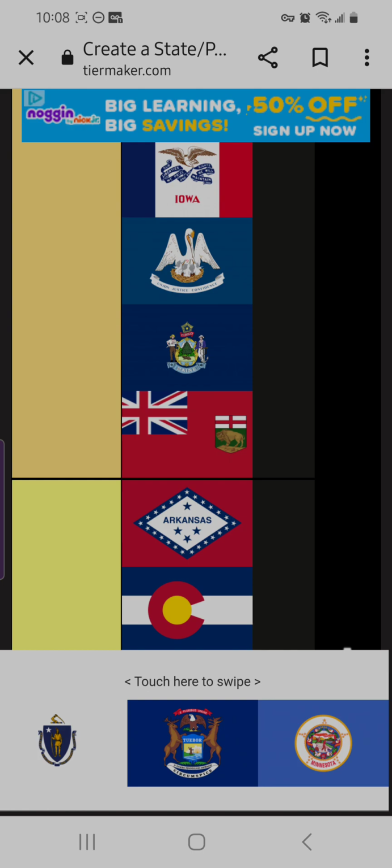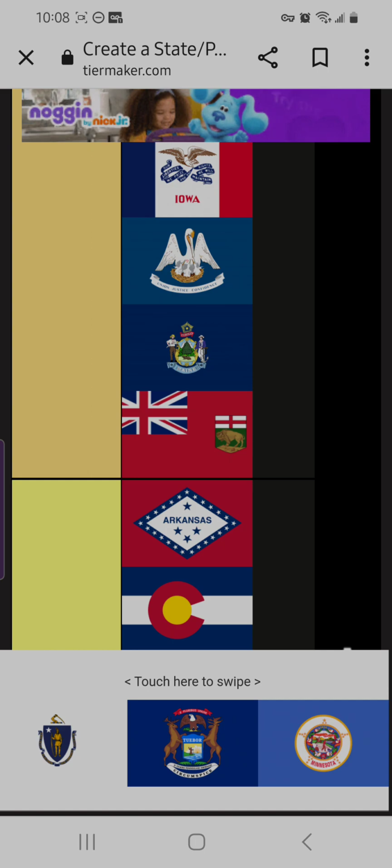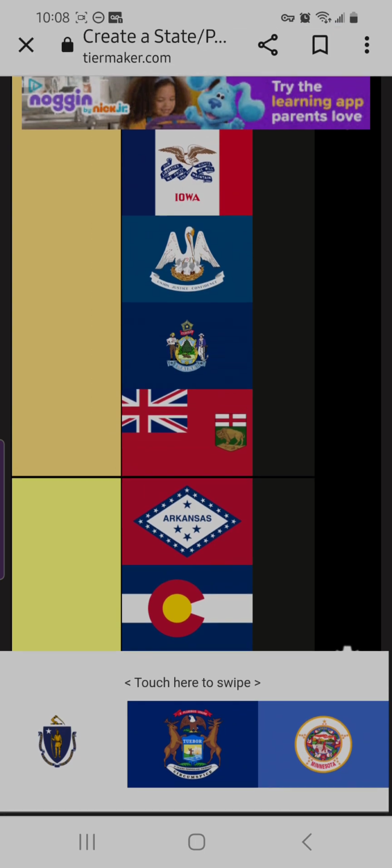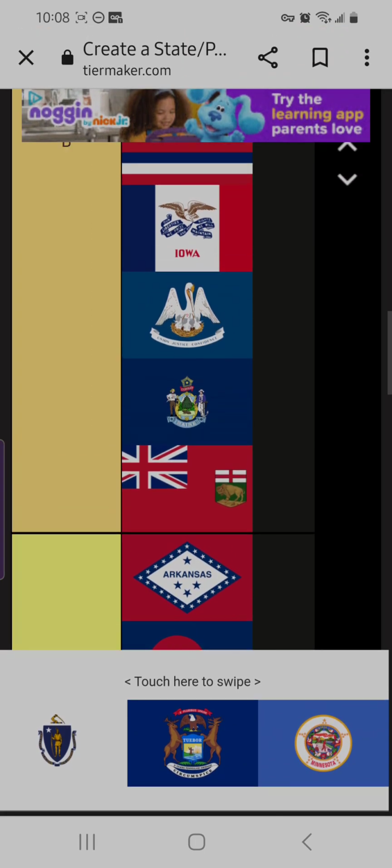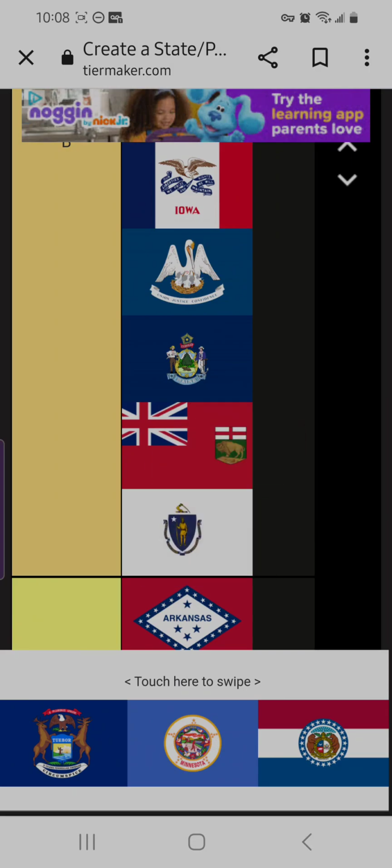But it's so much better to be held by a government because you actually don't have to be hunting for yourself. Massachusetts does have very good history to it. So I'm just gonna give it a neutral B like Maine.